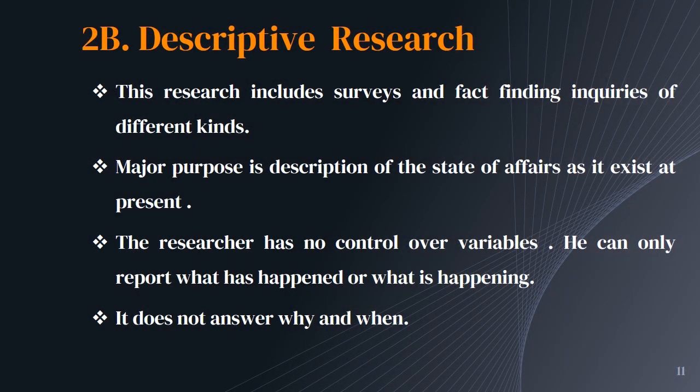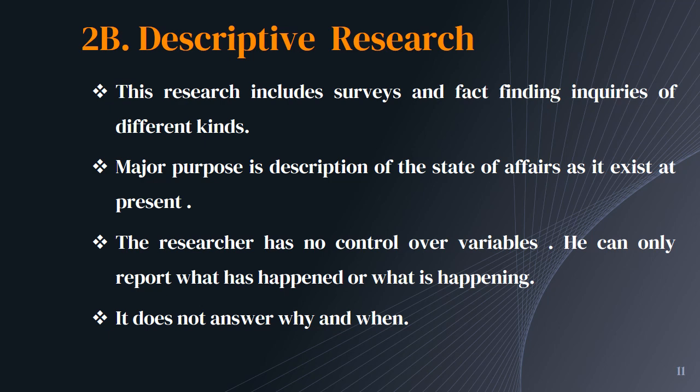Second research method is descriptive research. From the word itself we come to know that this is all about description. It doesn't mean that experiments are not at all there. Experiments are there, but the more focus is towards the description of the particular incidence. This research includes surveys and fact-finding inquiries of different kinds. Major purpose is the description of a state of affairs as it exists at present.